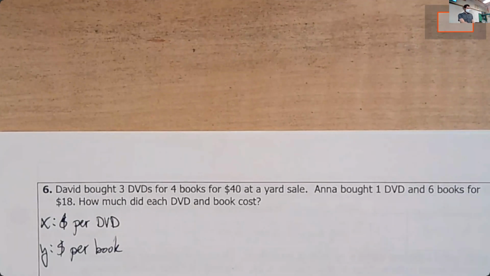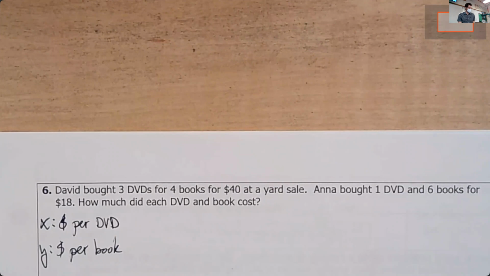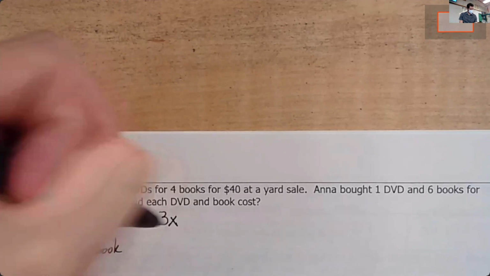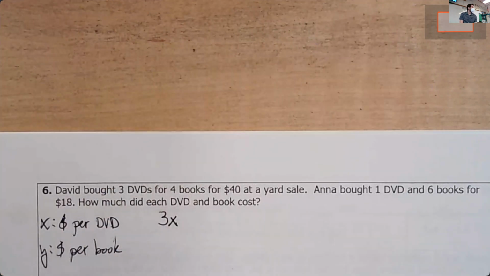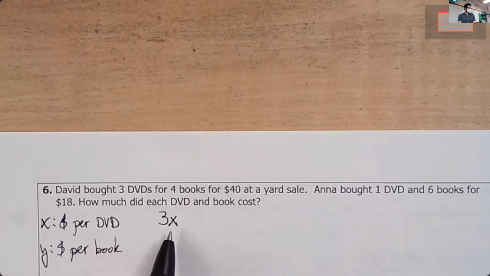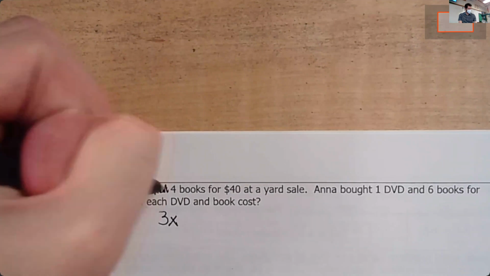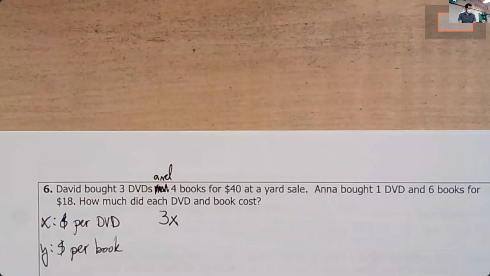So how's that going to look for our equation? So 3X, 3 DVDs. Oh, this should say and 4 books. Sorry, it says 4 books. 3 DVDs and 4 books. All right, typo.